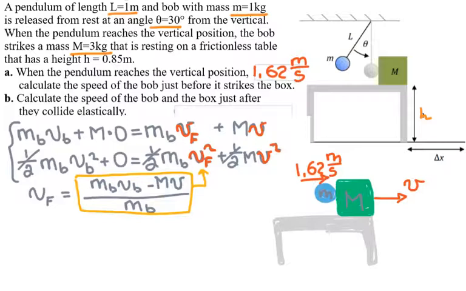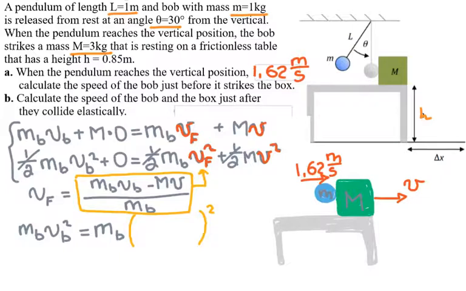So what I have after I plug into my kinetic energy formulas is: mass of the ball times velocity of the ball squared is equal to mass of the ball times velocity of the ball final. So I have to square the whole thing, because it's squared over there.